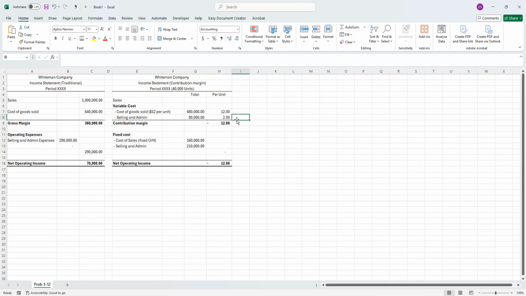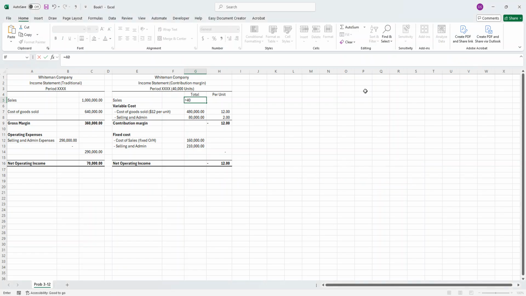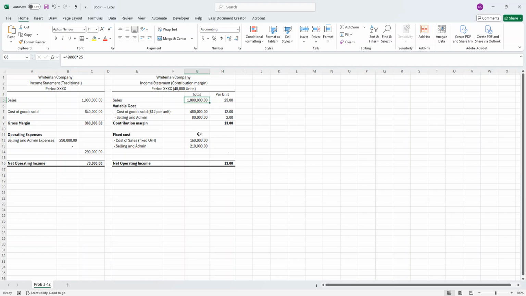So that's 480,000. Obviously we need to put the sales amount which was given to us already. But even if you go back here, your selling is $25 per unit. So I can simply take that as 40,000 times 25. So that's my sales for that period.